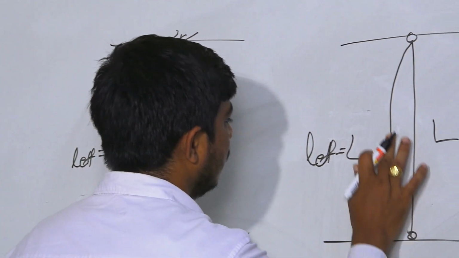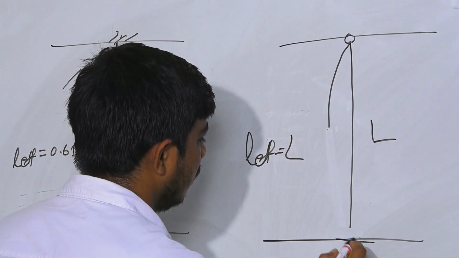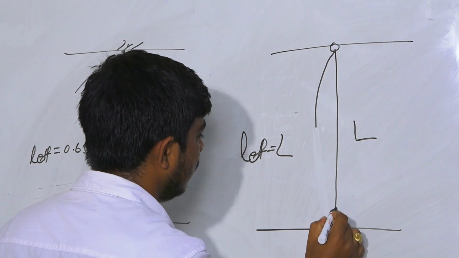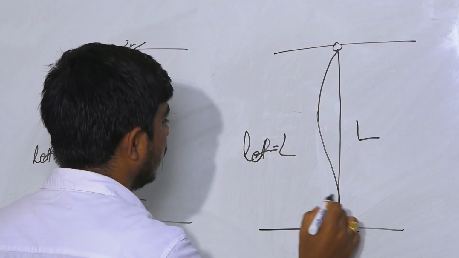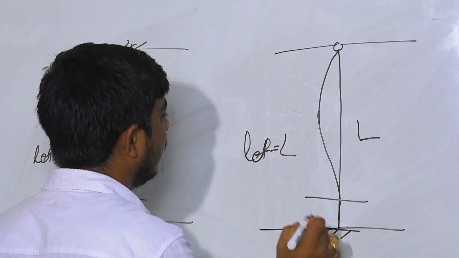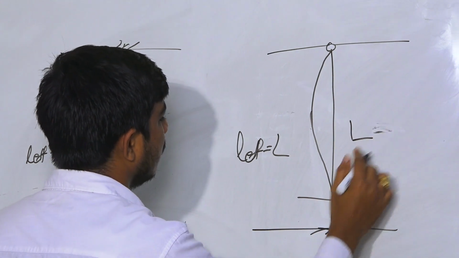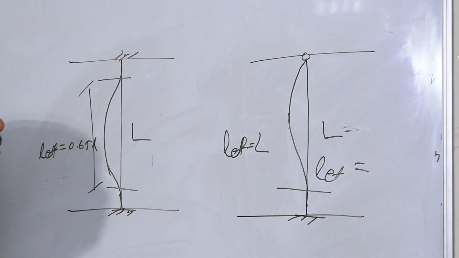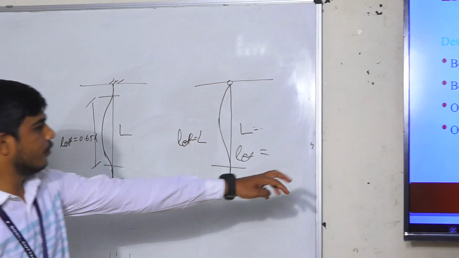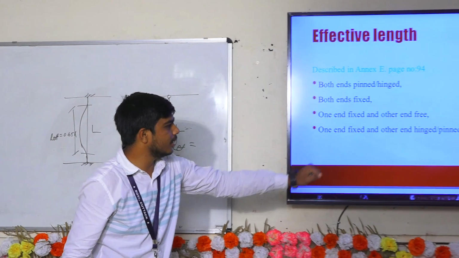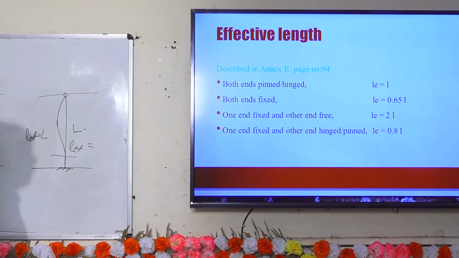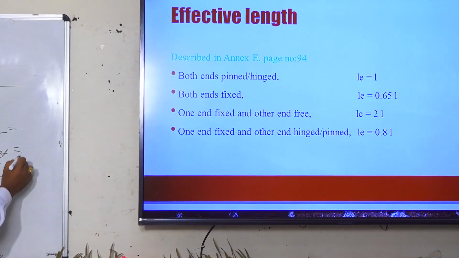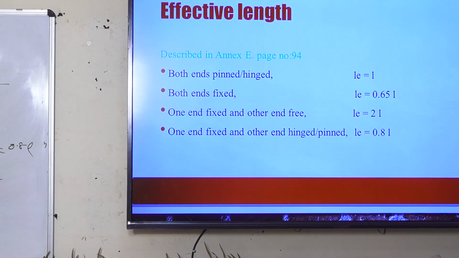So here if it is fixed, then this will try to bend like this. This distance will become our effective length. Sorry, the fourth case is one end fixed and other end pinned. There effective length will be 0.8 times L.